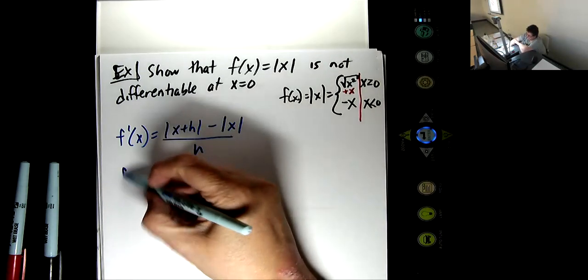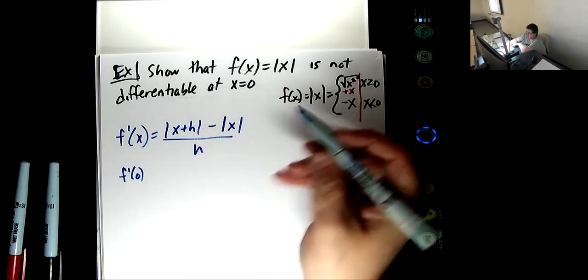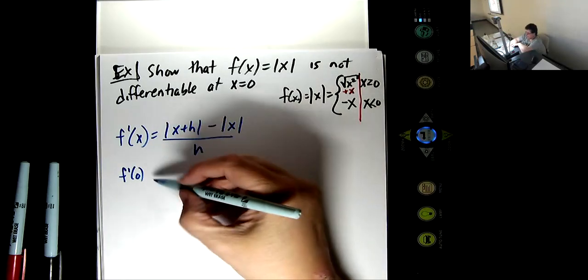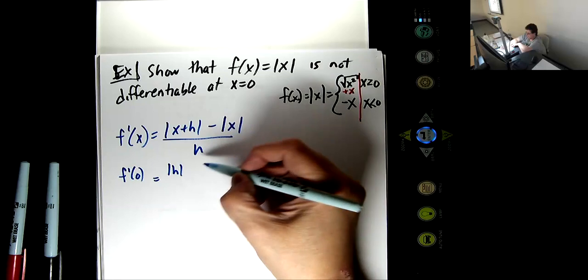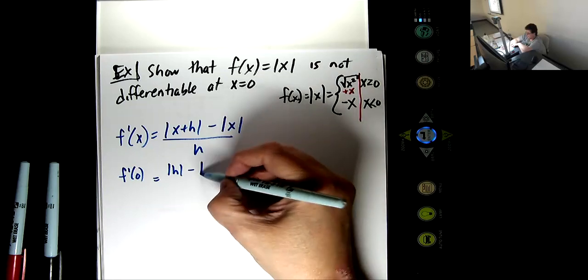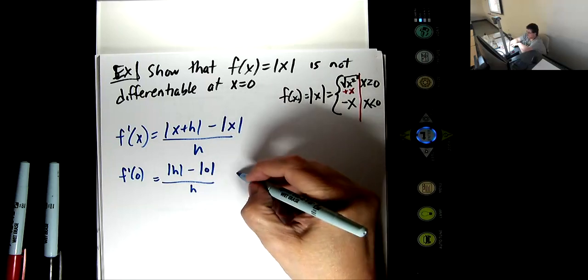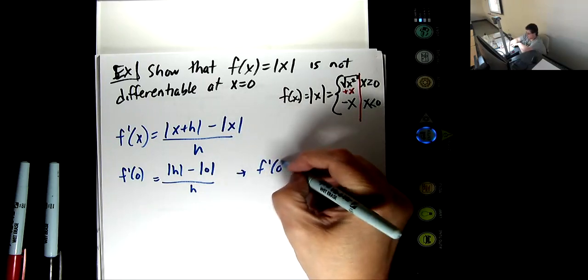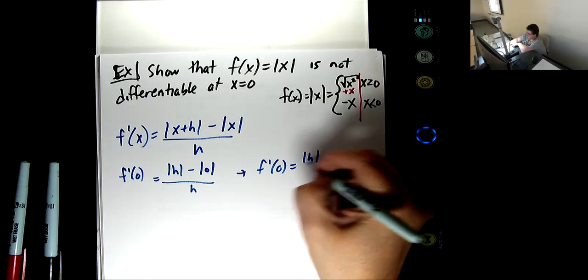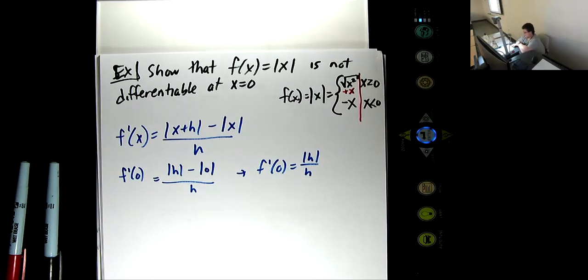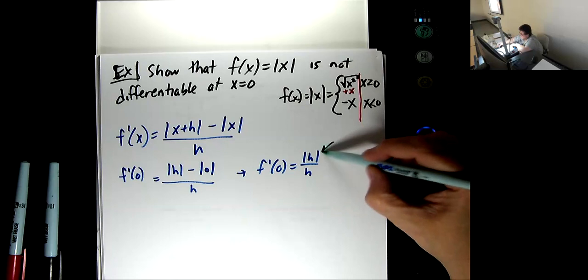So let's look at 0. f prime of 0 is the absolute value of h minus absolute value of 0 over h. So f prime of 0 equals absolute value of h over h. Well, absolute value of h has different values.